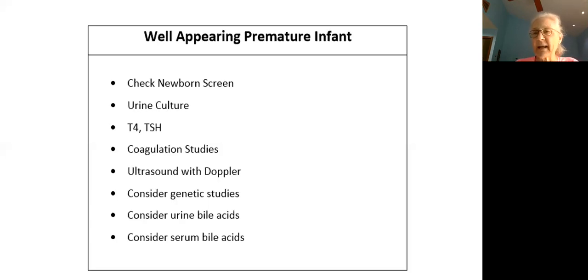Sometimes we get urine bile acids looking for synthetic defects. And if we're trying to figure out if the cholestasis has resolved when the babies are older, because the bili is now normal, and I think it hasn't, so they still need formula manipulations or vitamins, I may get serum bile acids. But in the very small preterm infant, they're often not helpful because of lack of synthesis.